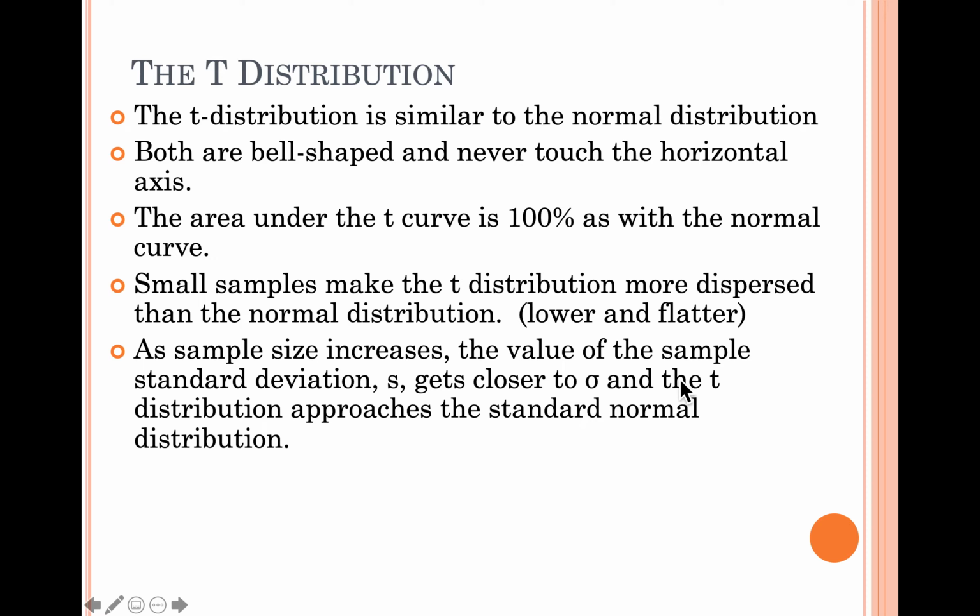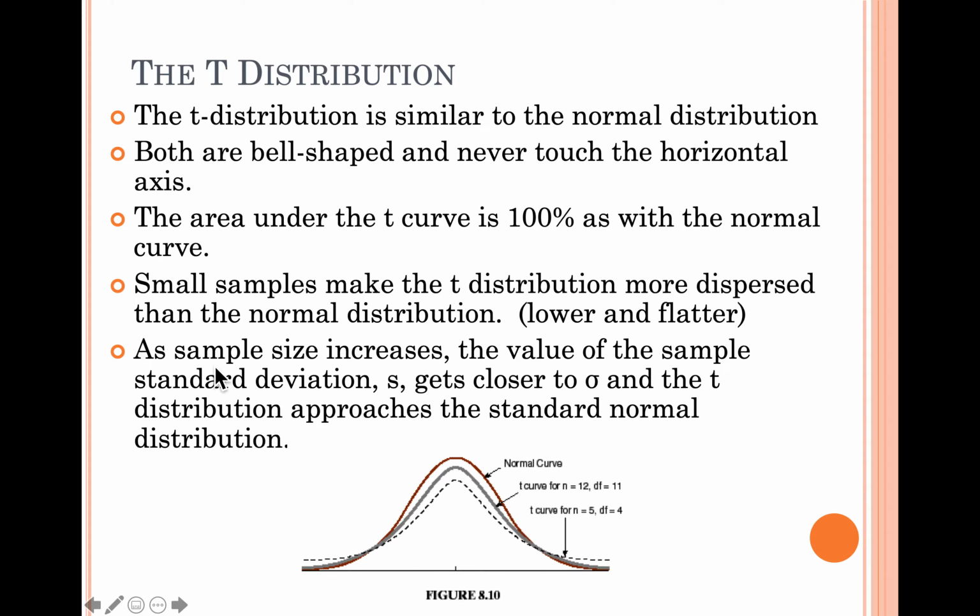As the sample size changes, the appearance of the t-distribution also changes. Here you see a couple of examples of distributions. The normal curve, that is the normal distribution, is here in brown. There's a t-curve for a sample size of 12 and then another t-curve for a sample size of 5.